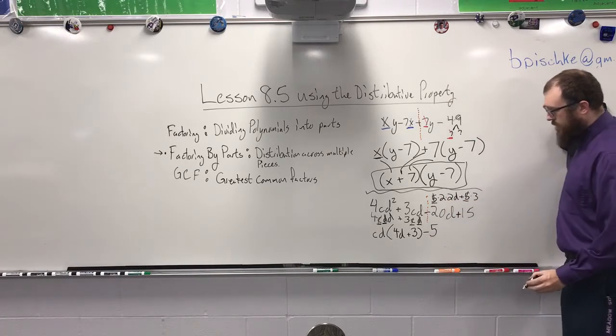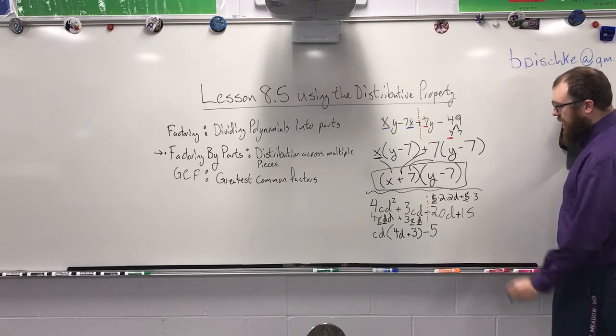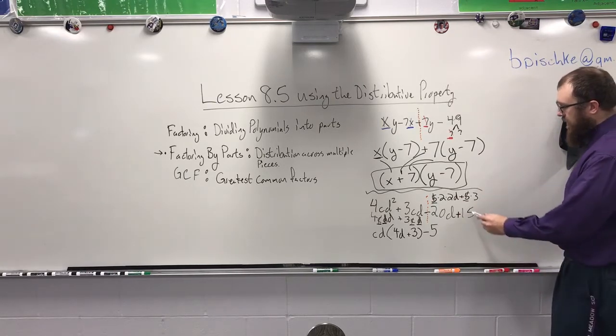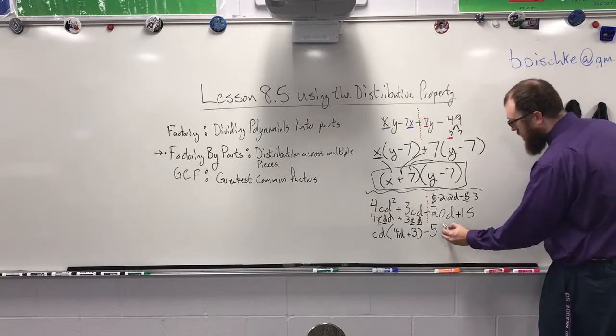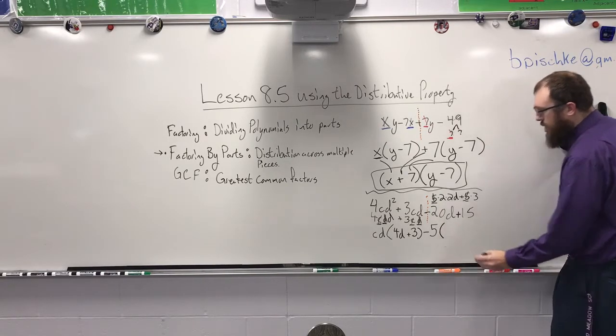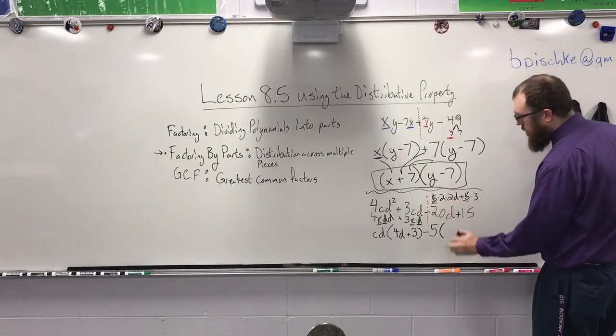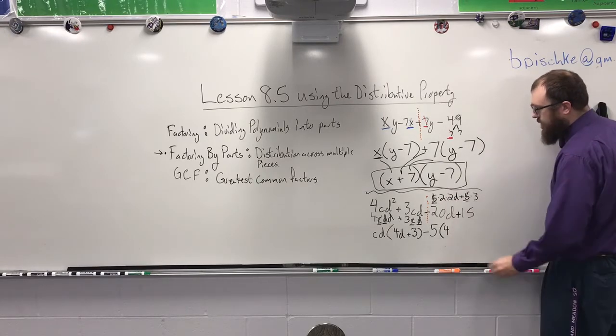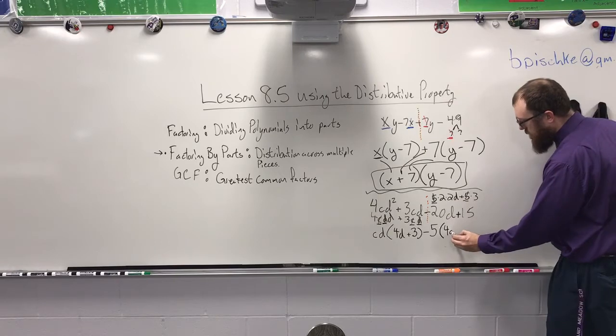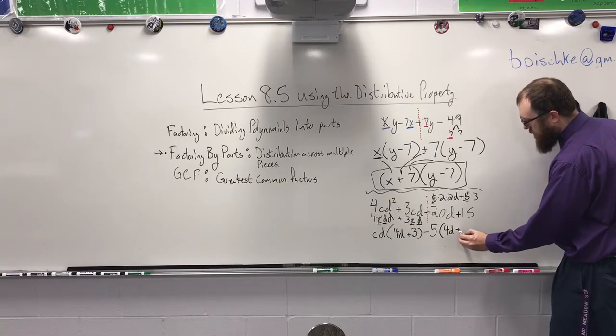I do not have 2's in both terms. I do not have D's in both terms. I do not have 3's in both terms, so I have to write what I have. I can clean this up by calling that 2 times 2, which is 4D plus 3.